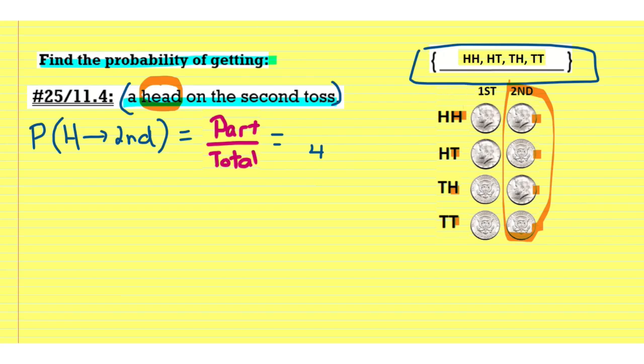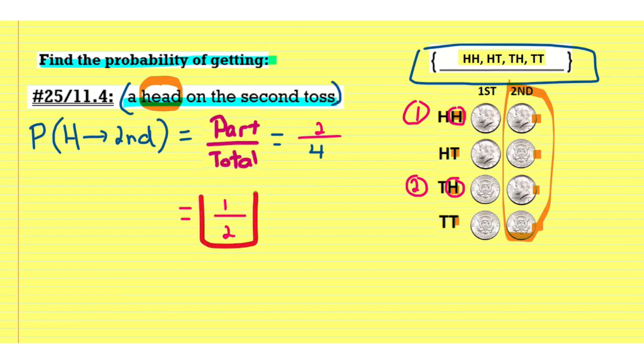Well, I've got one right here. There's a head on the second toss, and right here is a head on the second toss. So I have one, two options that are going to give me a head on the second toss. So that's going to be 2 out of 4. And again, I can reduce that. So the probability of getting a head on the second toss is going to be a 1 out of 2 probability.